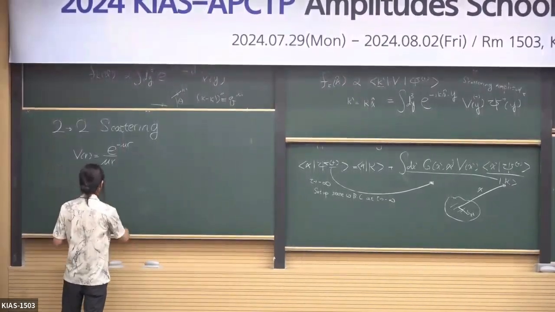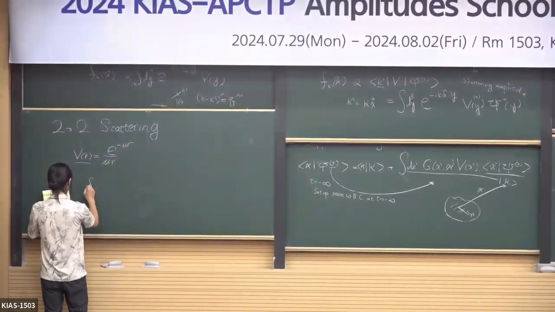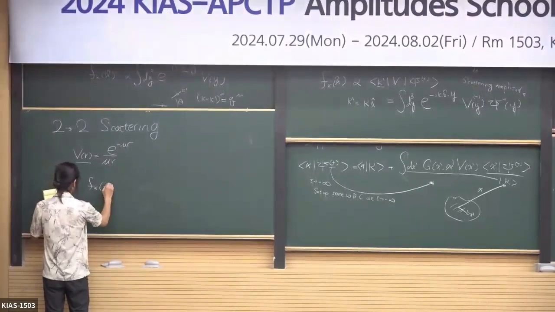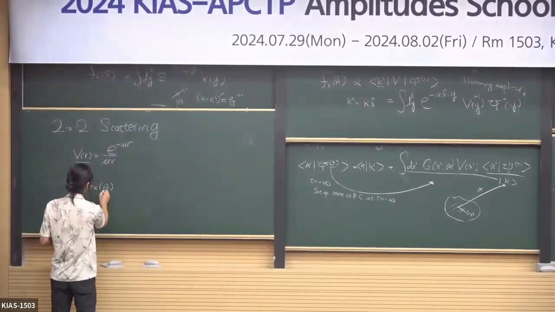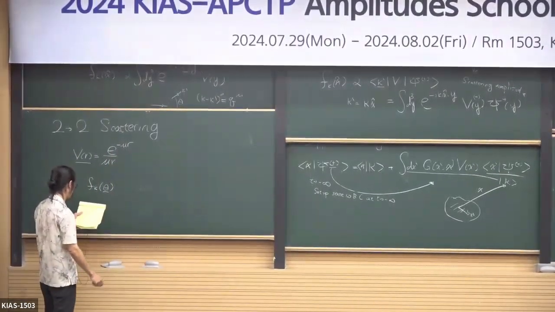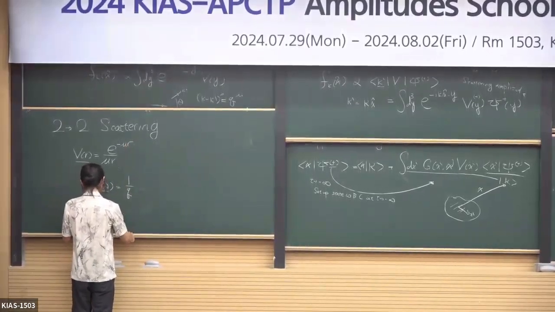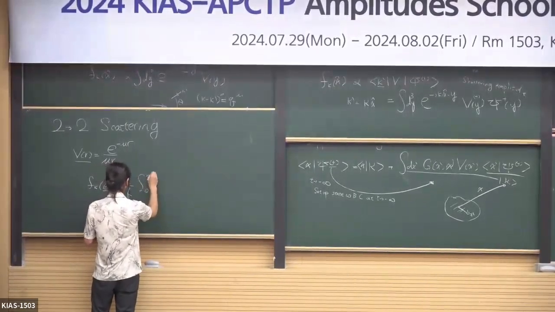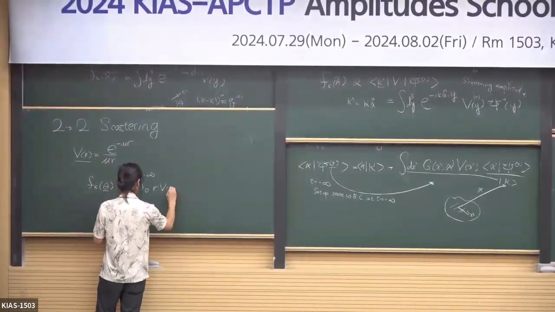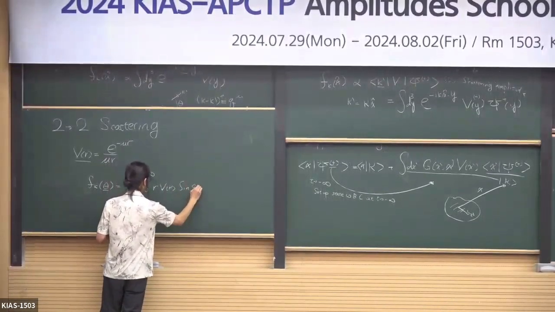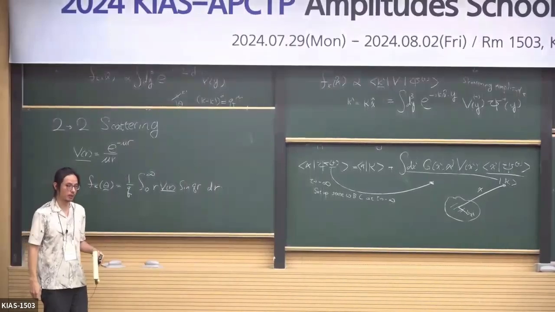So if I use this potential and substitute it in there, first of all, if I parameterize things using my scattering angle, then we can see that the integral, which is a function of q, becomes the integral from 0 to infinity of r V(r) sine(qr) dr. So you can substitute any spherically symmetric potential that you want.